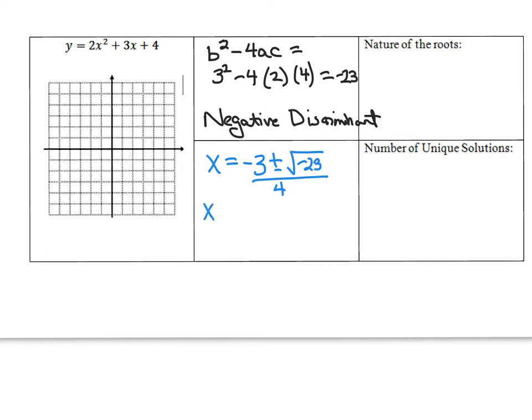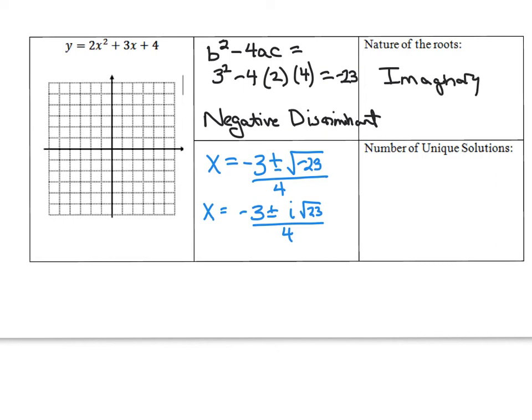Now, because I've got a negative number underneath my radical, I'm getting negative 3 plus or minus i radical 23 all over 4. So I have two solutions, but these two solutions are both imaginary. So I have imaginary roots.